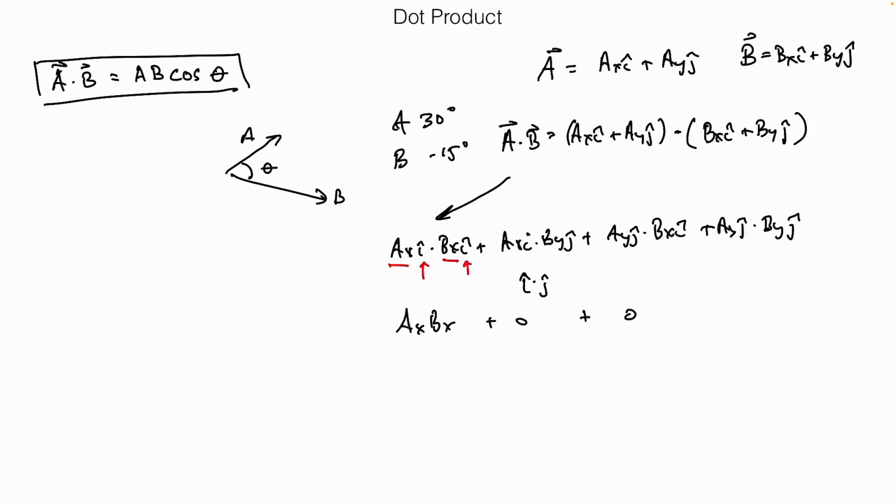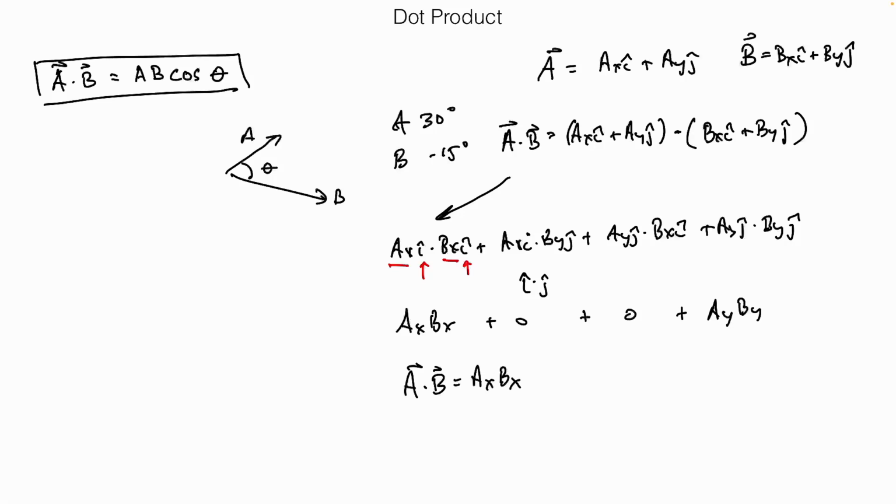And then the last term has j's and j's. What's that going to be? It's just 1 times 1 times 1 again, isn't it? So this is AY BY. In other words, you can find the dot product between two vectors by taking their components. Write down the correct component, Mr. Balogh.